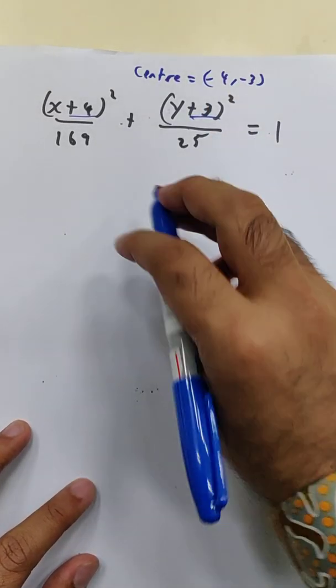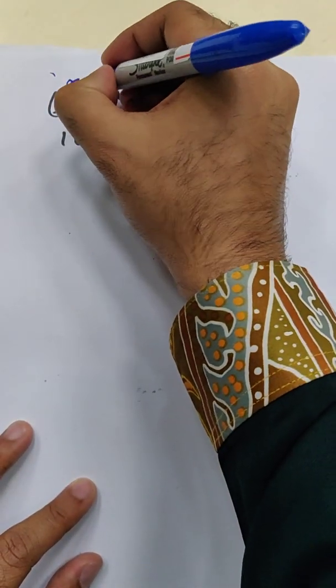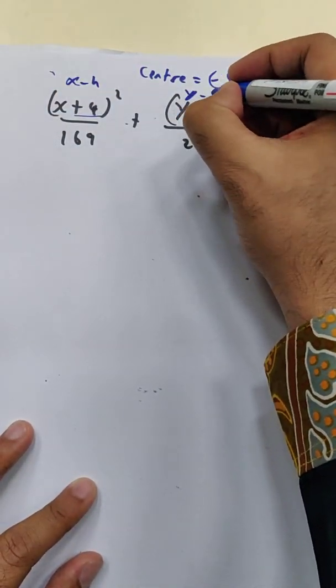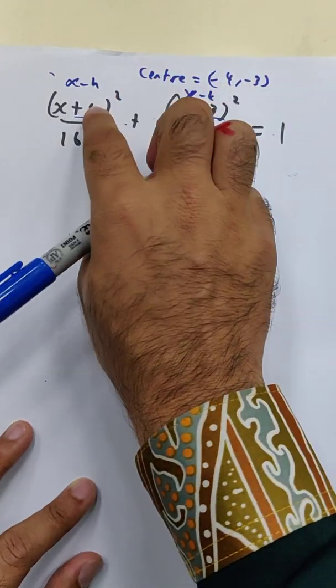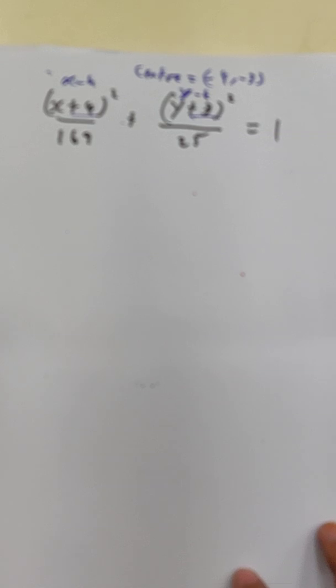Because the formula is essentially x minus h, y minus k. So your h is negative 4, your k is negative 3. Now, without me helping you, sketch the ellipse and give me everything, all the information that you can get from there.